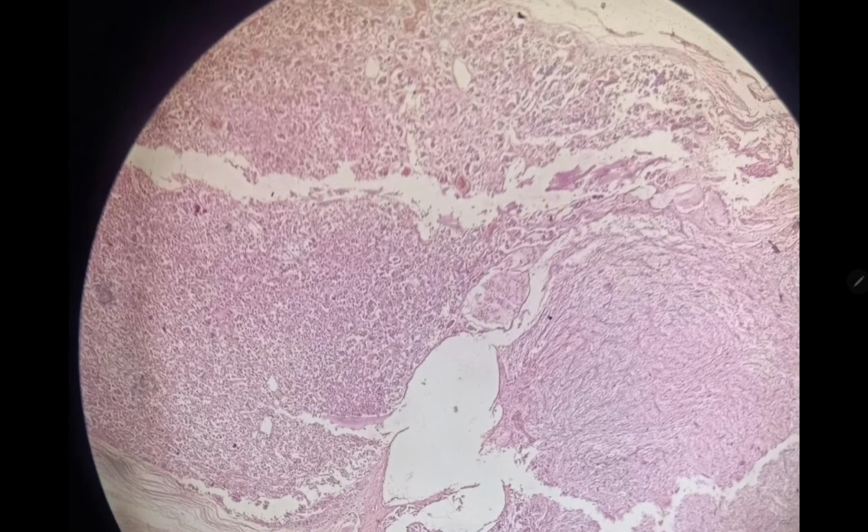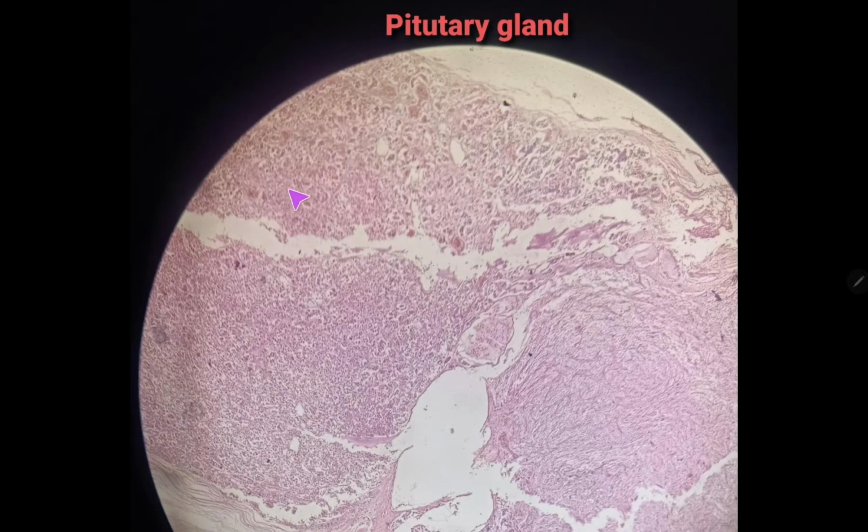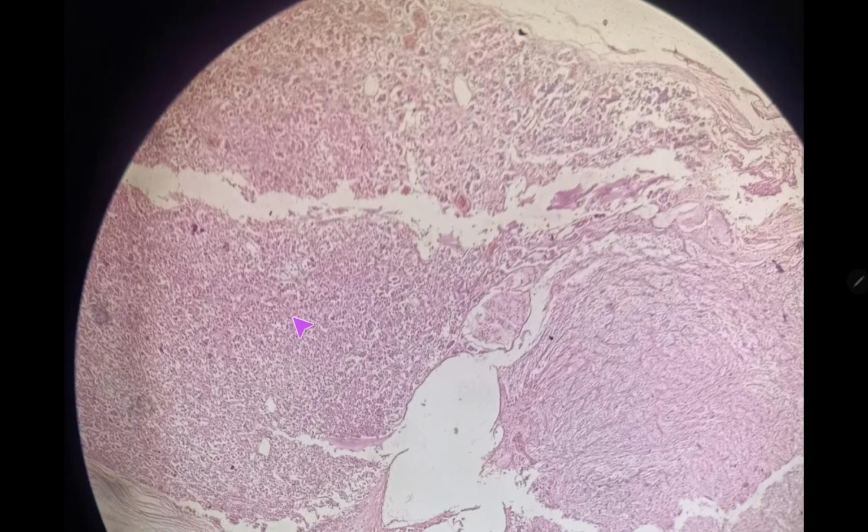Now, coming to this anterior pituitary or adenohypophysis, it has clusters of cells, and they are separated by some empty spaces, that is called sinusoids. This adenohypophysis has two types of cells. One is chromophobes and another one is chromophils.